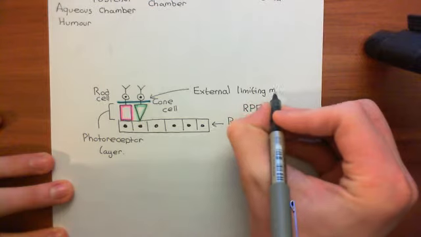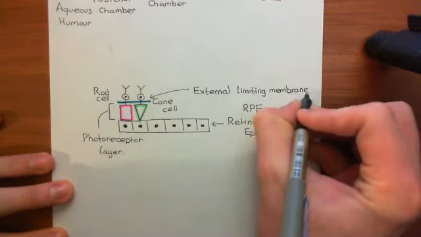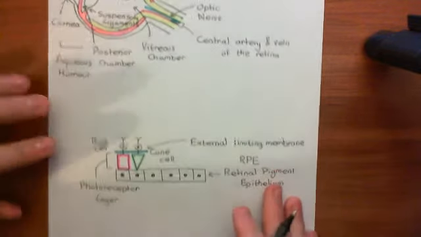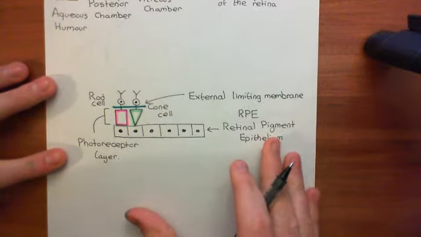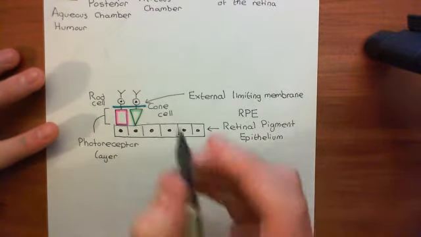Now this one is the external one because this is most peripheral, okay, so it's towards the outside of the eye. Remember, we are working from the outside and going in, so that's why we've met the external limiting membrane before we've actually met the internal limiting membrane.